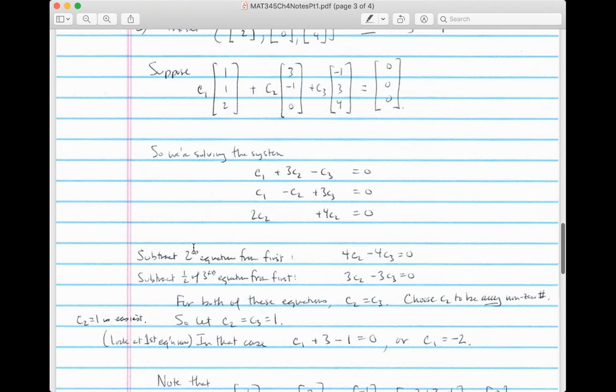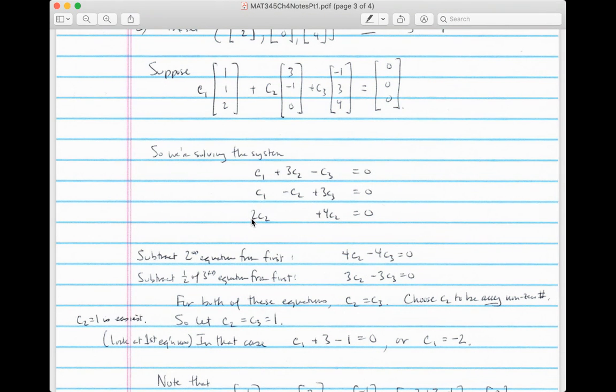So if I subtract the second equation from the first, I'll eliminate C1, in which case I'll get 3C2 plus C2, gives me 4C2, and then minus C3 minus 3C3 minus 4C3 equals 0. So if I subtract equation 2 from equation 1, I'll get 4C2 minus 4C3 equals 0.